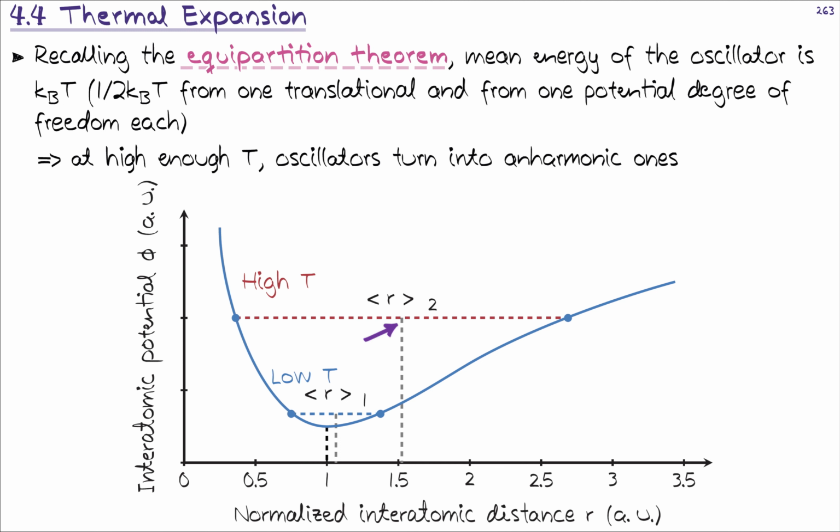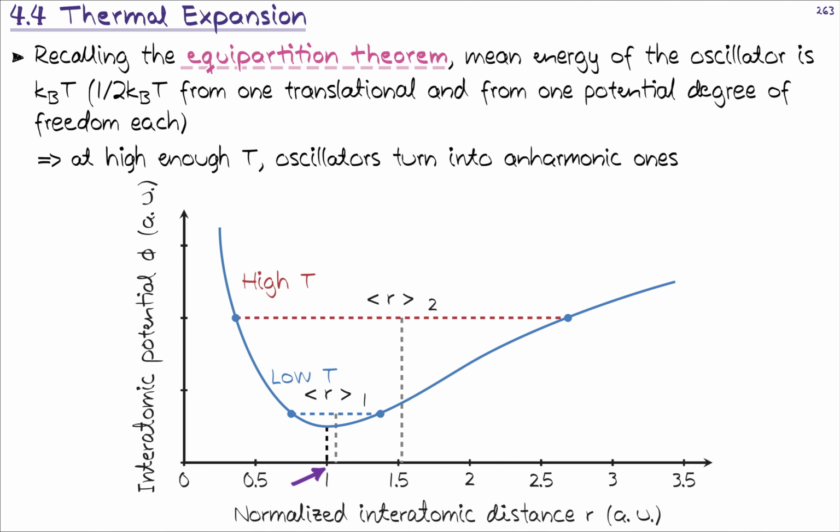And now, because the shape is asymmetric, when we are calculating the mean position, the asymmetry starts kicking in, and this mean position does not remain in the same location anymore because the potential is not harmonic, but rather it starts shifting to the longer values. This is what happens when we increase the temperature to high enough values, and then we see that the mean distance between the adjacent atoms actually increases.